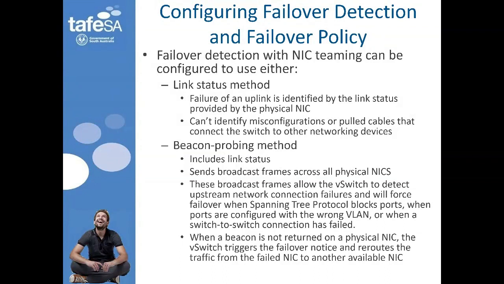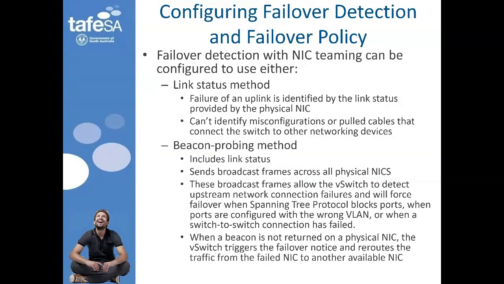So therefore, that's how it knows. These broadcast frames allow the virtual switch to detect upstream network connection failures. It's like me saying, go drive to the airport, drive back, and let me know if everything's clear. If there's another way where you can't detect that the airport road has a problem, this way you can, because if you never come back, I know there's a problem.